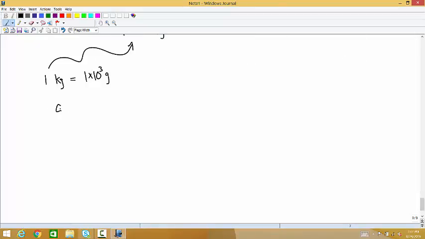Okay, let me do one more example. The fastest that anything can move is the speed of light. Nothing moves faster than the speed of light.